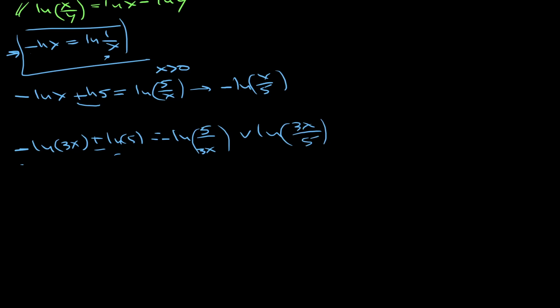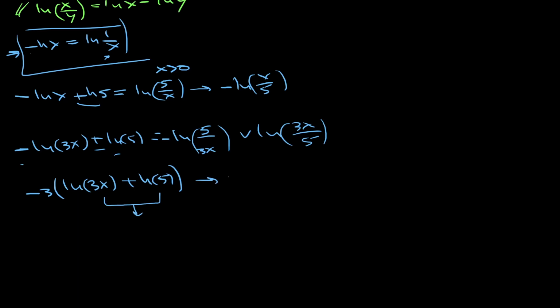What about this one? Let's say now we have minus 3 times the quantity ln of 3x plus ln of 5. What's the solution to this one? The first step is seeing that we have a sum here. If we have a sum, we can join both of these together.